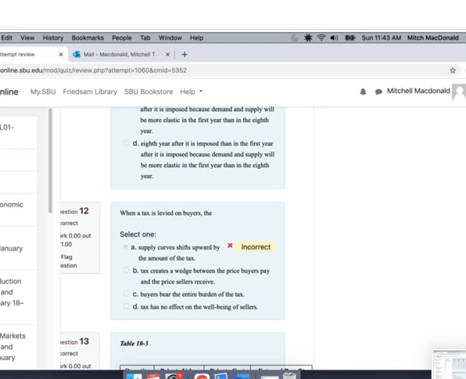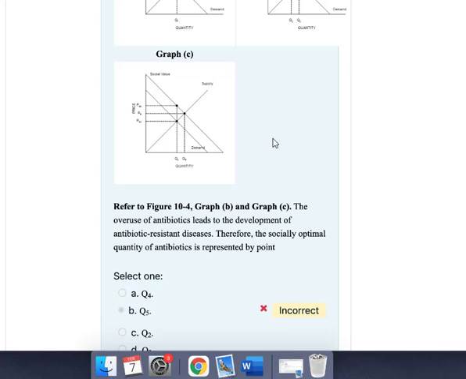Okay, last one here. The overuse of antibiotics leads to development of antibiotic-resistant diseases. Therefore, the socially optimal quantity of antibiotics is represented by, so I can't see this whole picture, but it's the one with the reduced supply.